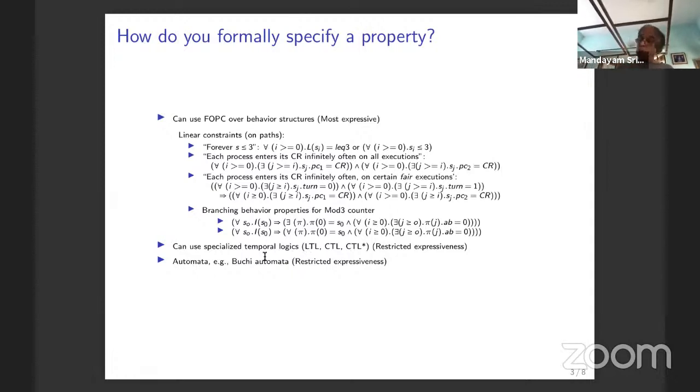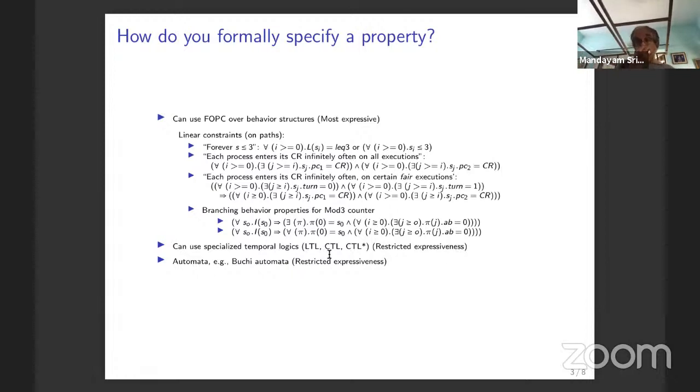So model checking looks at either automata, which can express certain restricted fragments of patterns of behaviors, or logics whose meaning is somewhat restricted.